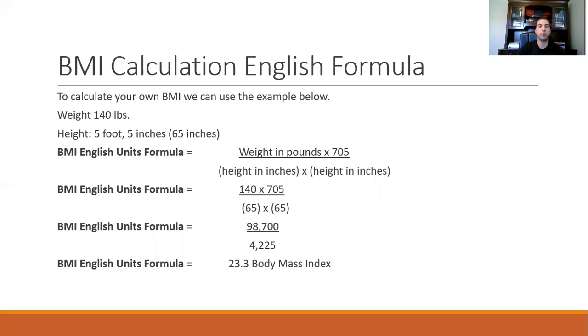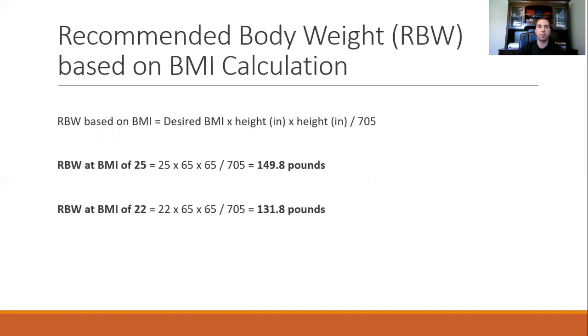Using this English formula, which is converted from metric, which is usually the standard for this, you take your weight times 705, and then you square your height in inches and divide. The body mass index for this person in this example is 23.3, and that's within the healthy range.